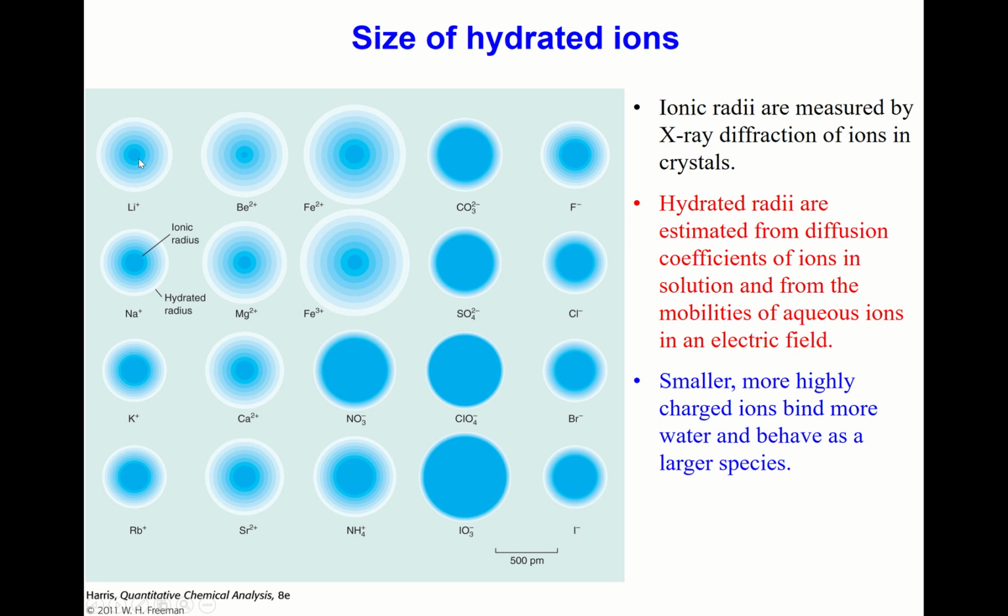Of course, the smallest one is what? The hydrogen atom. Anyway, the lithium ion is very small, but when it is in aqueous solution, there are at least 4 water molecules around this lithium ion. So the hydrated lithium ion size is not that small.